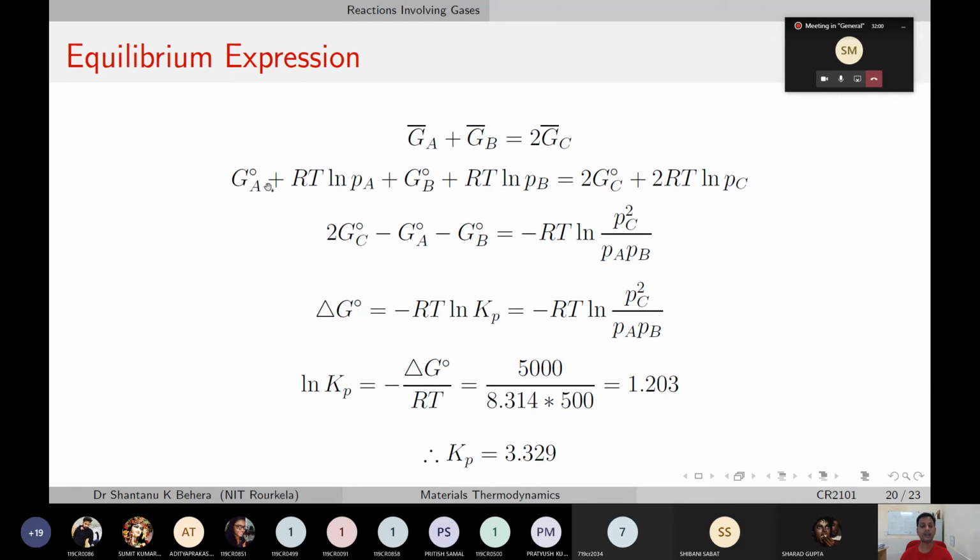And this is GA0 plus RT ln PA, that's the partial pressure of A, and GB0 plus RT ln PB, that's the partial pressure of B, and like this one is also in the partial pressure of C, all right?